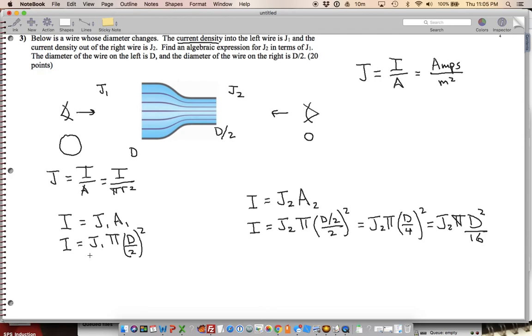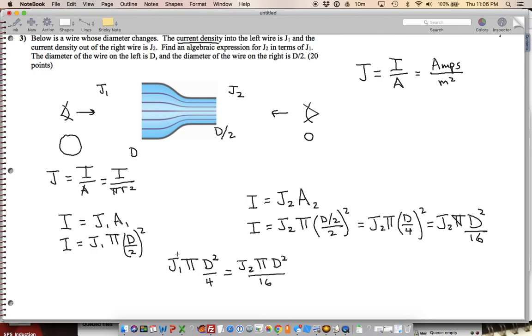So my current's the same on both sides, so I can set these two equal to each other. I'm going to say J1 pi d squared over 4 is equal to J2 pi d squared over 16.